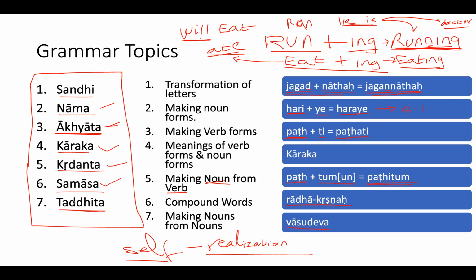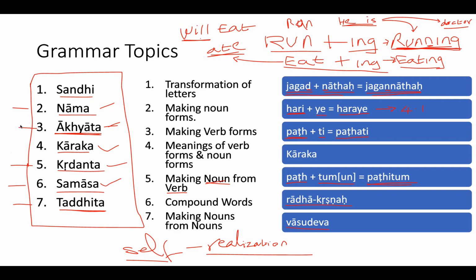It's written with students in mind. Okay. So in this, and this, these four topics deal with nouns, or finally they create noun forms.